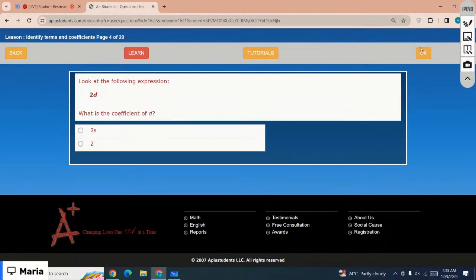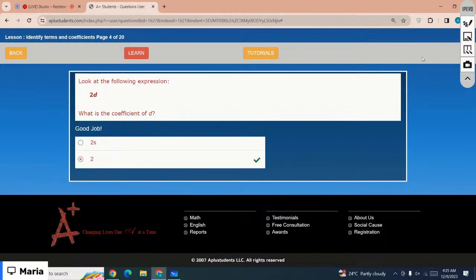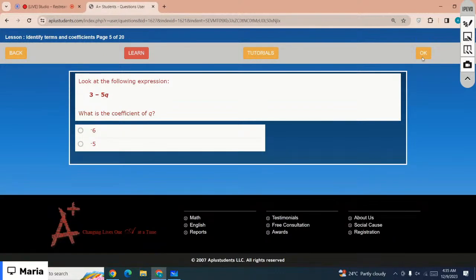Look at the following expression. What is the coefficient of d? Which is the correct option? Yes, it is 2. The coefficient of d is 2. Look at the following expression.